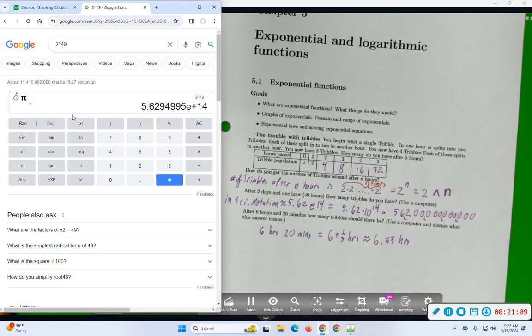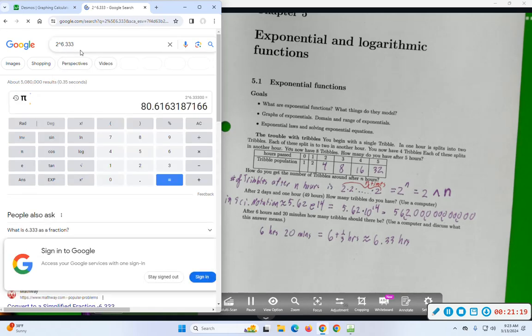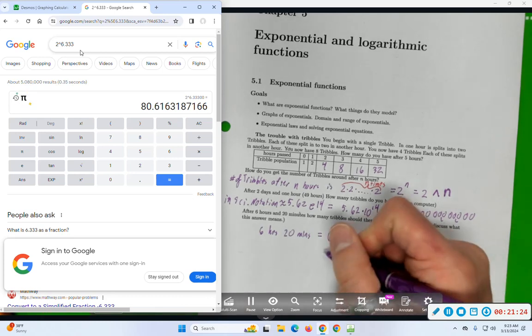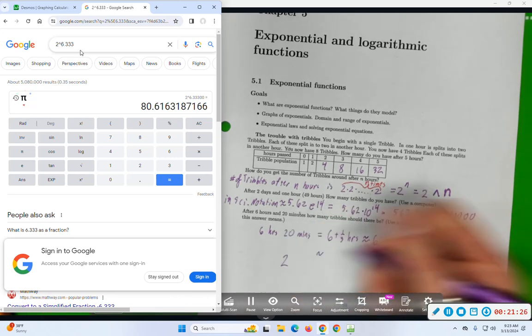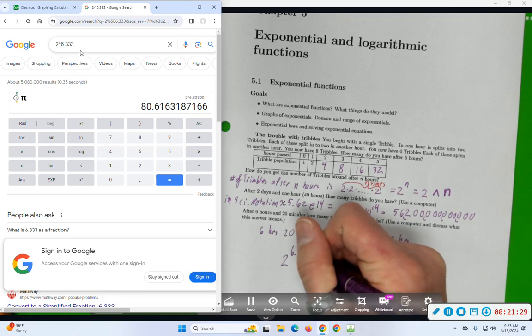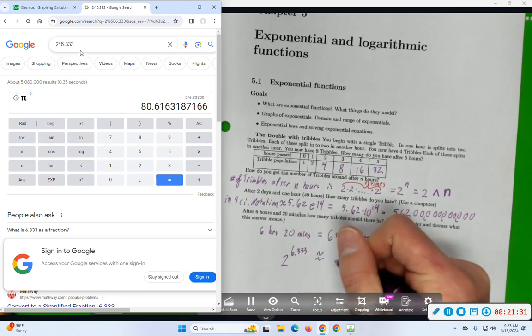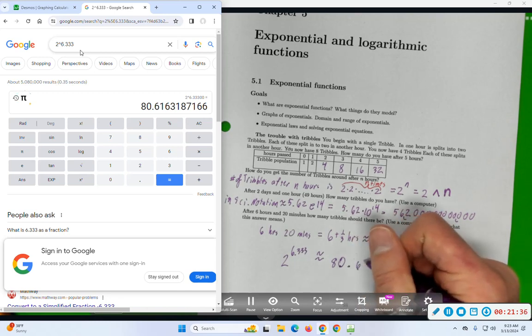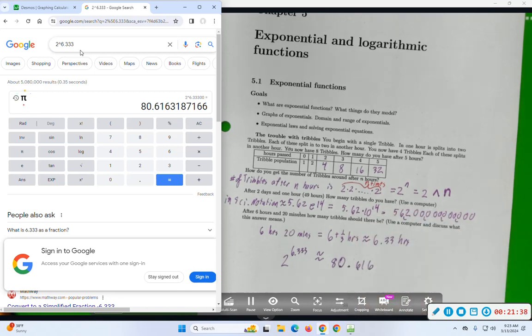So, if you wanted to have a computer tell you how many triples there will be, the computer is perfectly happy to do that. Two to the 6.333 is about 80.616.